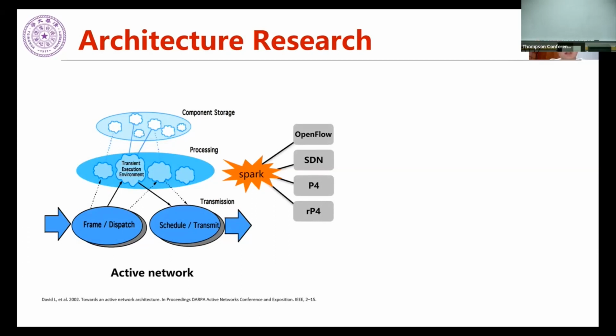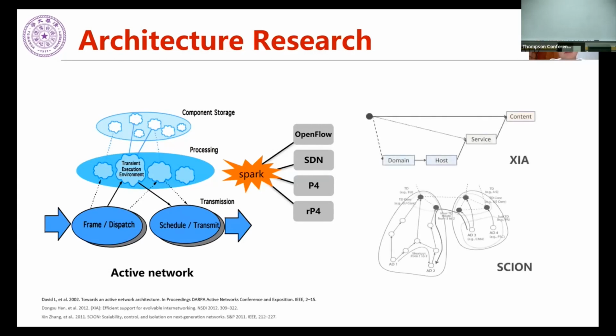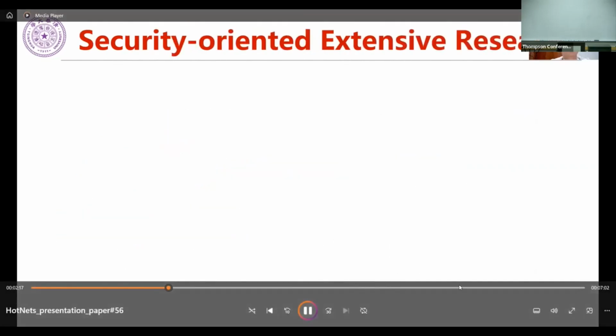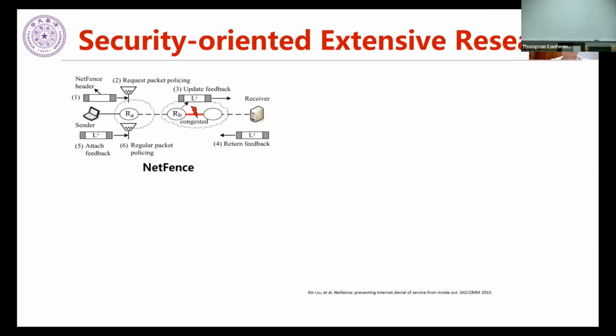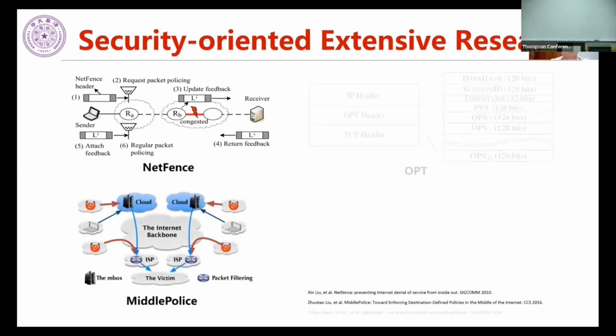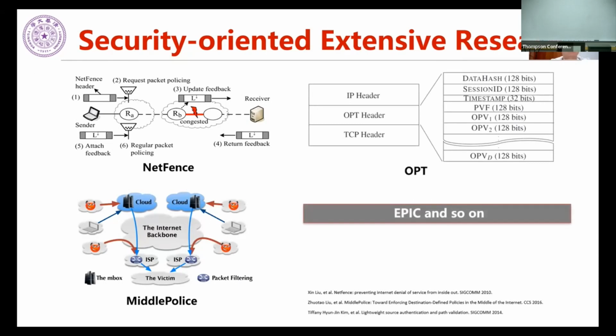In addition to Active Network, the community also proposed different Internet architectures to advocate different Internet designs. For instance, XIA and SCION. Besides these new Internet architecture proposals, a series of security-oriented protocols were also proposed to change the L3 protocols, such as Neo, Passport, OPT, EPIC, and so on.